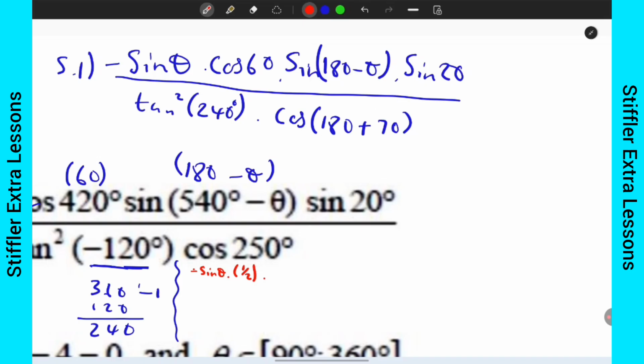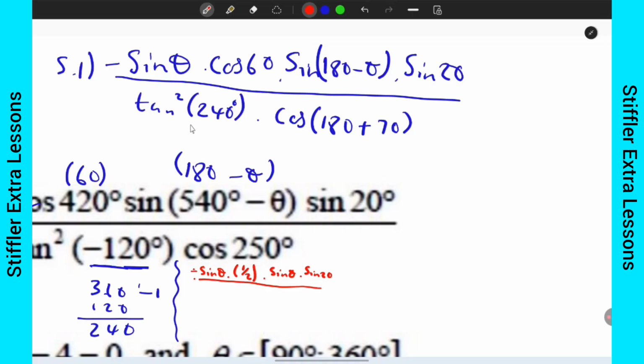So what is sine of 180 minus theta? We know that 180 minus theta is in the second quadrant, and our sine is positive, so this becomes sine theta, that is positive, multiplied by sine of 20, all over. And here we can see that we're having tan squared 240.